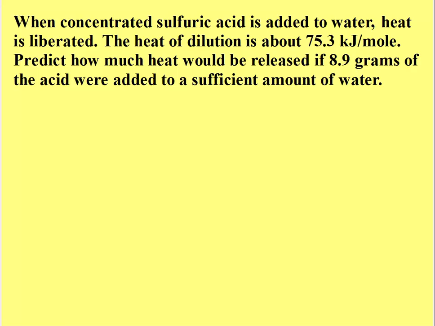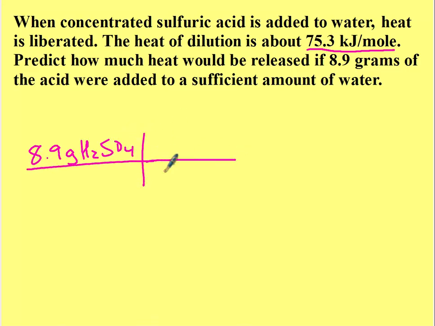Go ahead and pause the video and do this one on your own. This one I didn't give you the equation, but I did tell you how much kilojoules for every mole of sulfuric acid is diluted. So step 1, you should convert those grams of sulfuric acid to moles.